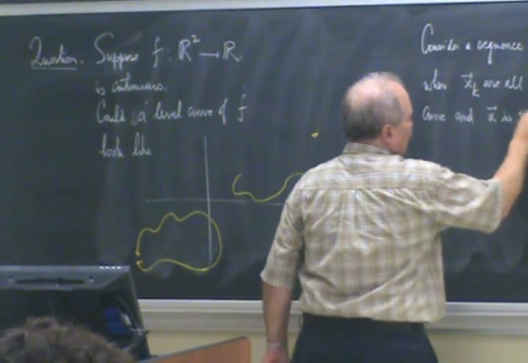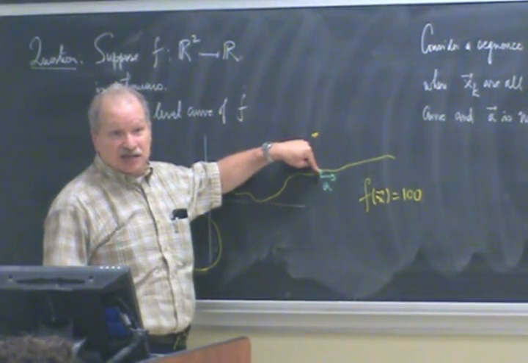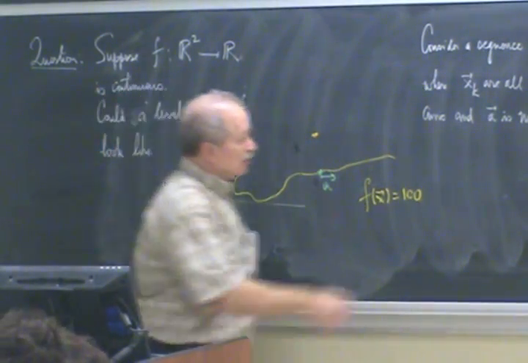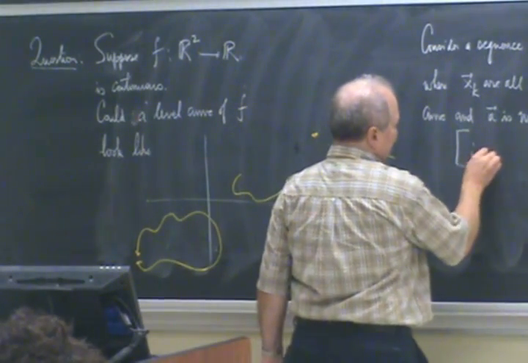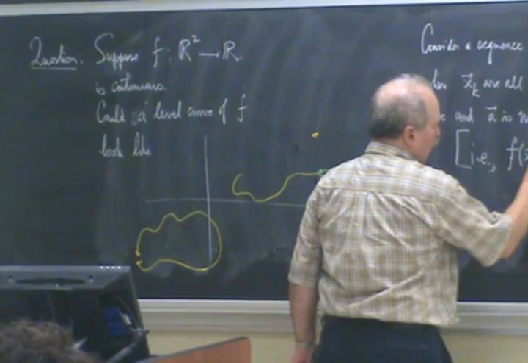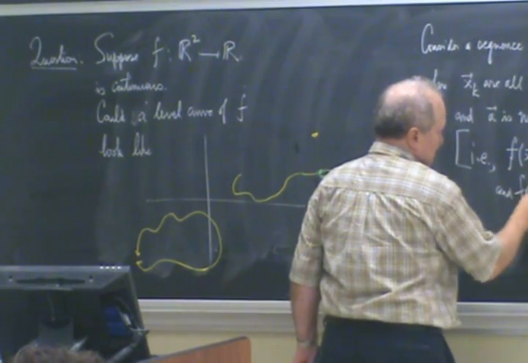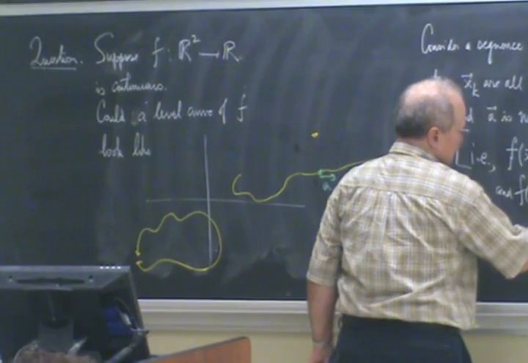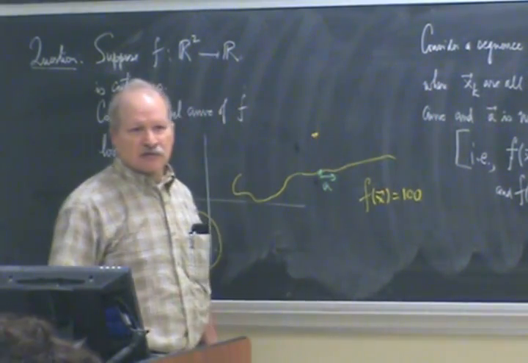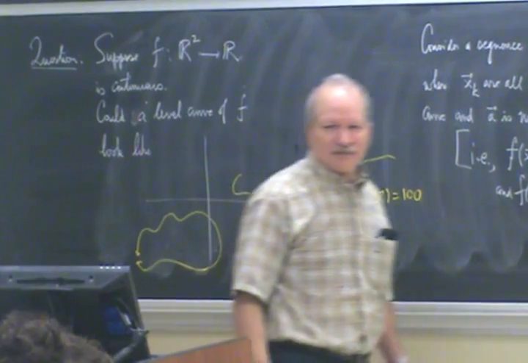We were stipulating that there was a gap in the level curve. So f of A is something other than 100. So f of the xk's are all 100, and f of A is definitely not 100. Do you see that we have a problem?